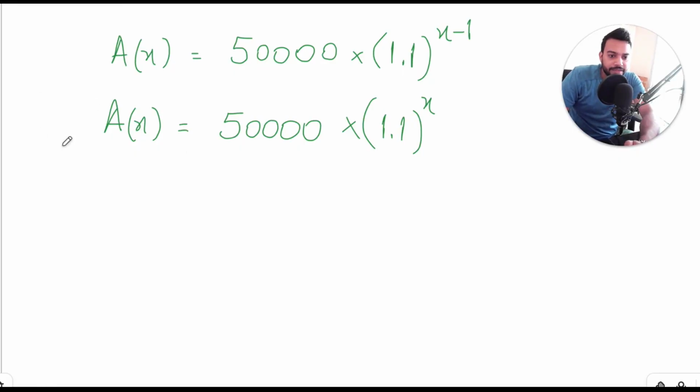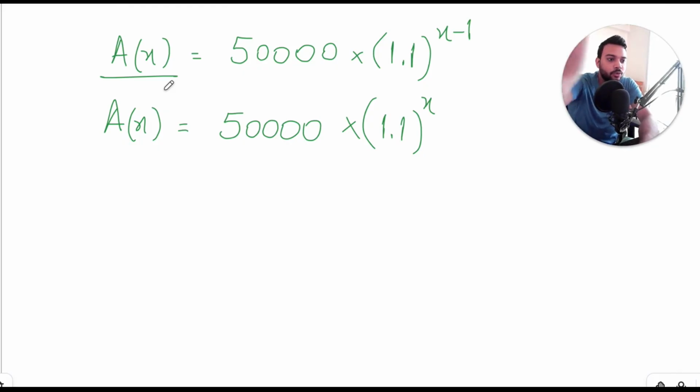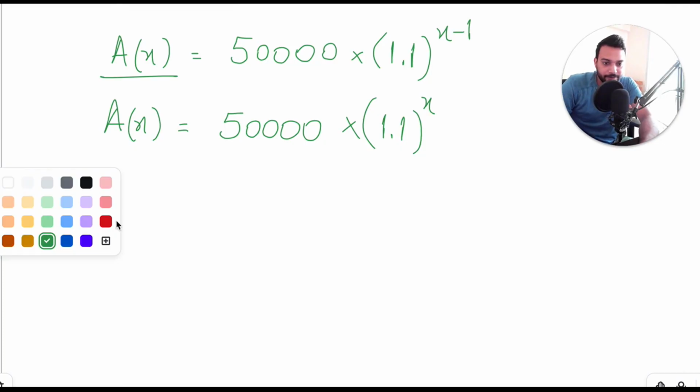Now an important thing which I would like to clear here is that this A(X), the value of the amount, can be represented by both of these expressions: 50,000 times 1.1 raised to X minus 1, or 50,000 times 1.1 raised to X. How? Look very carefully.